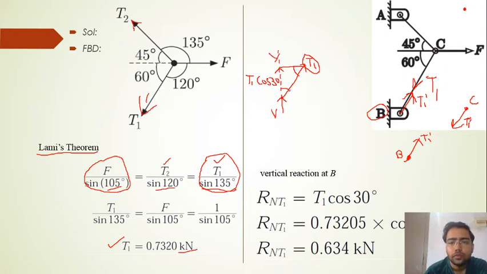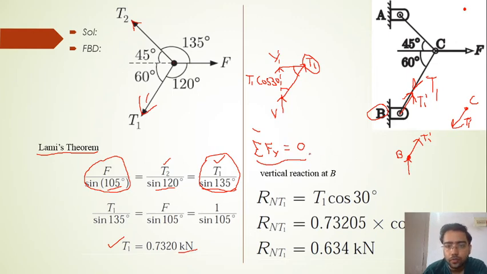Now we have to apply, obviously, sigma Fy is equal to 0, at point B, right? At this point, at point B, we have to apply sigma Fy is equal to 0, right? So what is sigma Fy?